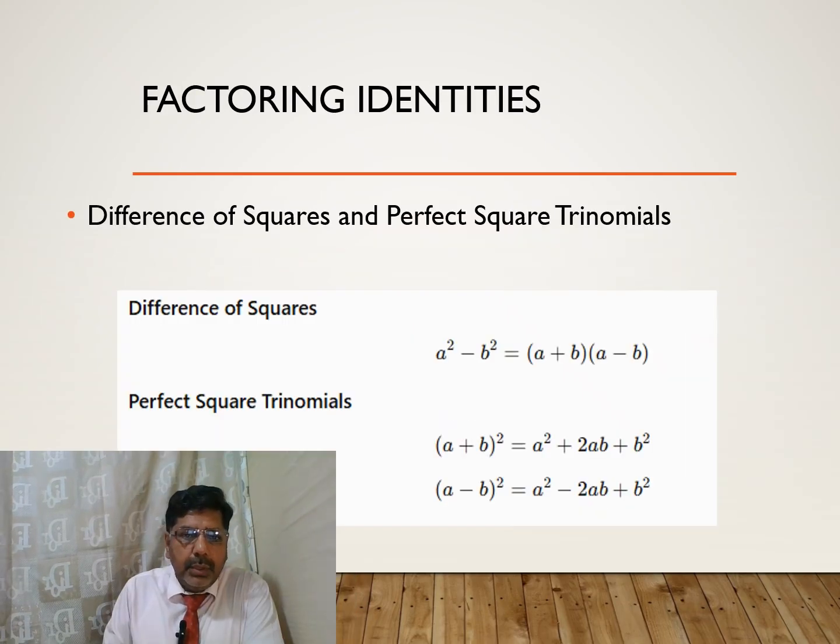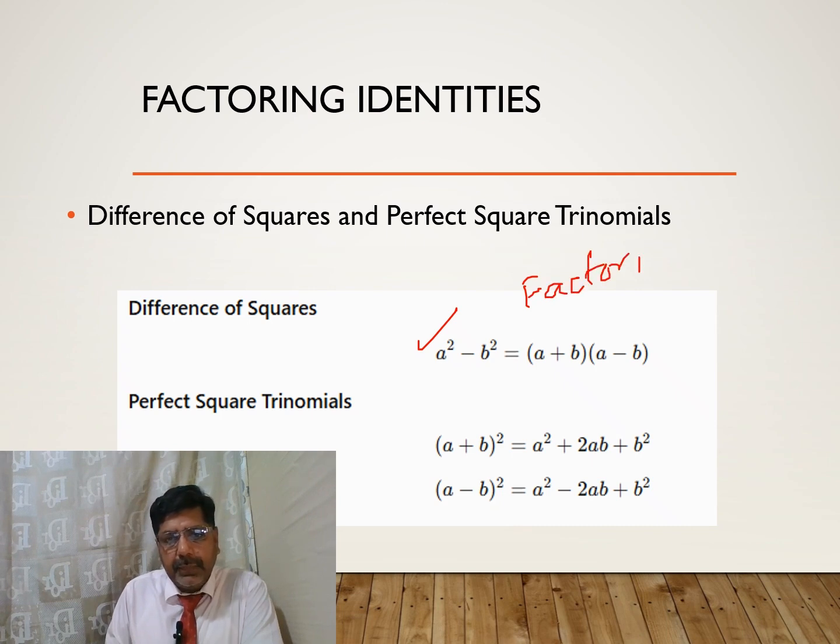Now we are working with the difference of squares and perfect square trinomials. This is a special formula, and it is for factorization. Keep in mind, for example, a squared minus 25 is easy to factorize.